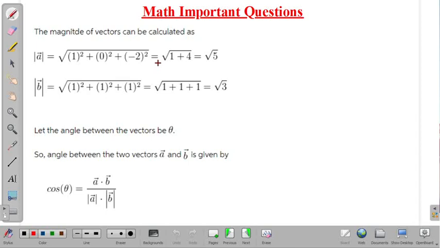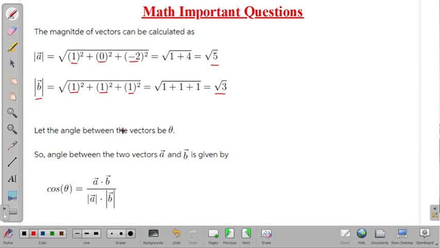Here the x component is 1, the y component is 0, and the z component is minus 2, so we get under root 5. For the second vector, the absolute value is calculated in a similar way. Here the x, y and z components are all 1, so we get modulus of vector B as root 3.